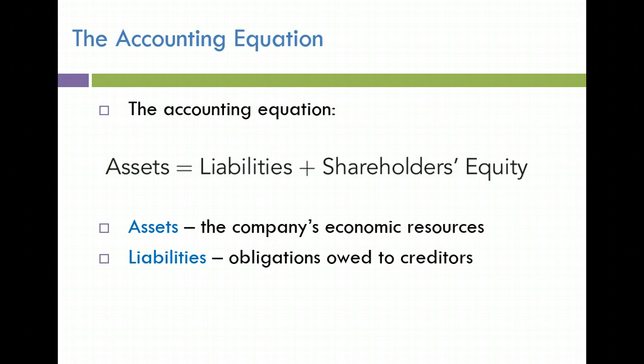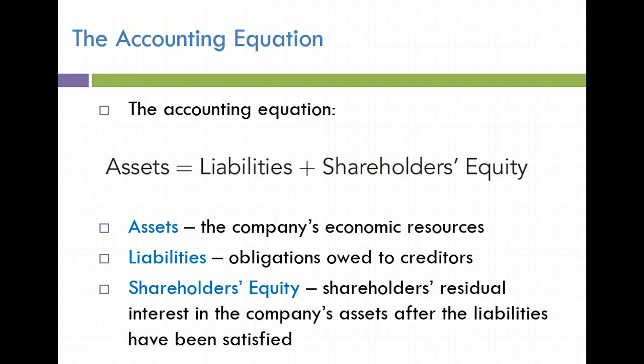They may be bonds where we received investment from bondholders where we owe the bondholders back their principal. We may owe interest on loans that we accrue until we pay them. And then we've got something called shareholders' equity. It's basically all the residual interest in a company. The shareholders' equity consists of the beginning balance that came in from the previous year.